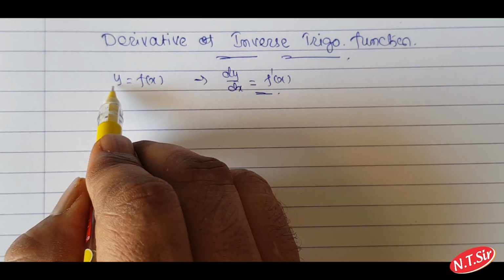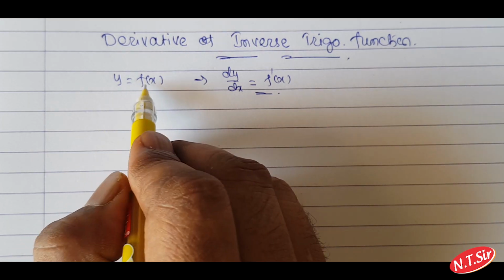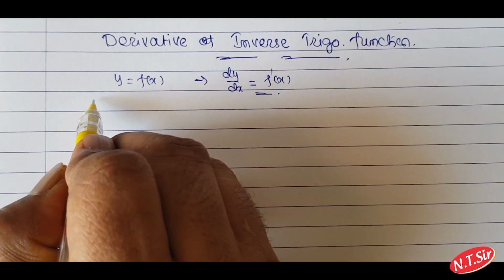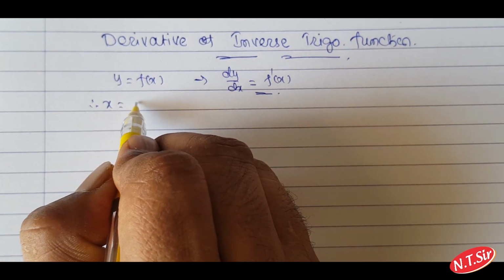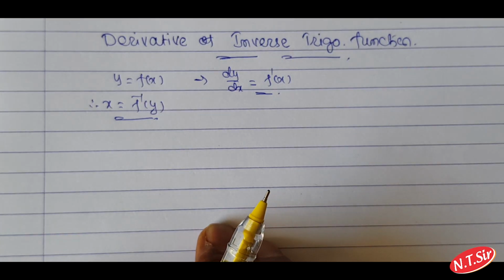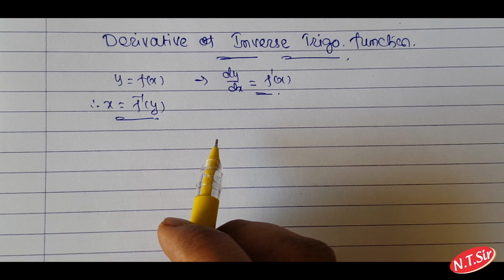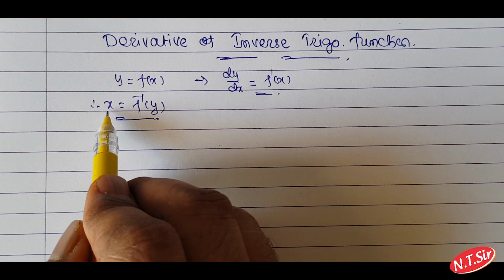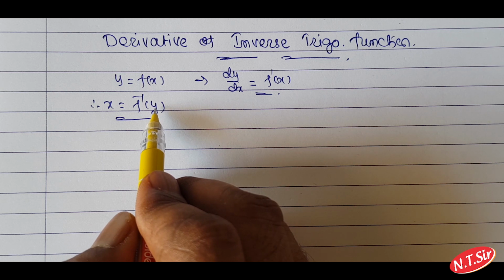If we take the inverse of this, as we learned in the second chapter on inverse trigonometric functions, then x is equal to f inverse y. That means x is a function of y, so we have to find dx by dy.